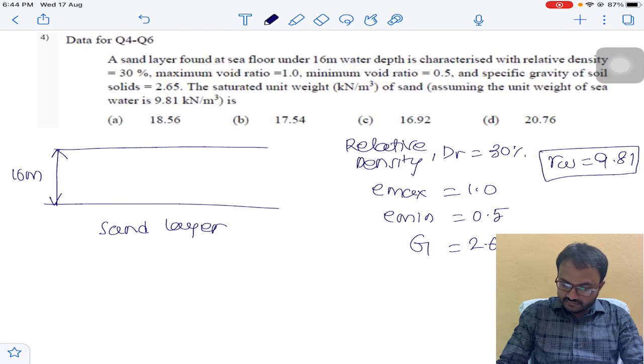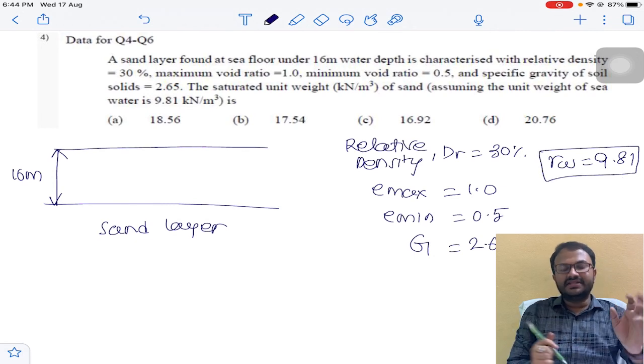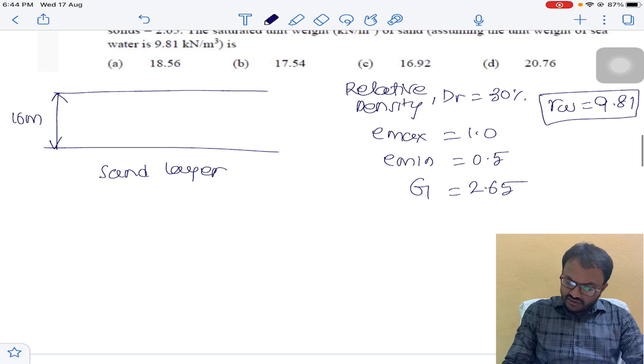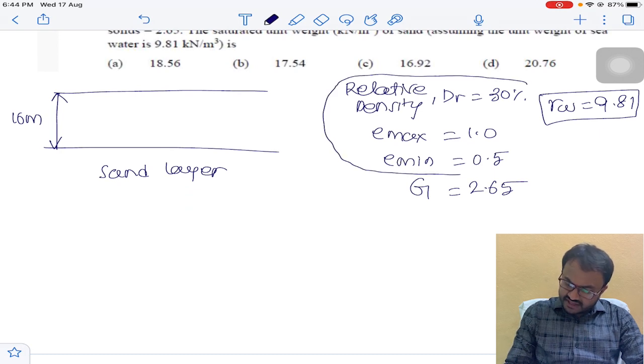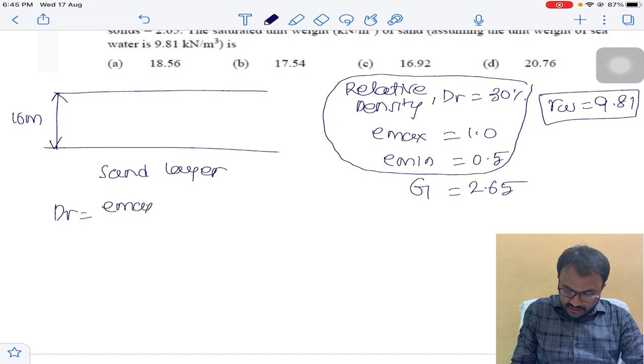Clear? So now we need to calculate saturated unit weight. So by using this information, relative density, e max, e min, can we get anything? That is, we can get natural void ratio. So relative density Dr is equal to (e max minus e natural) divided by (e max minus e min).